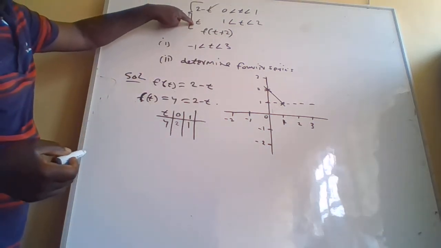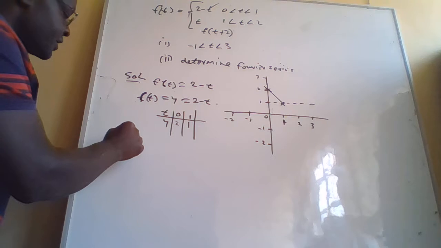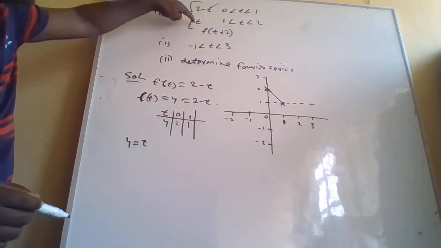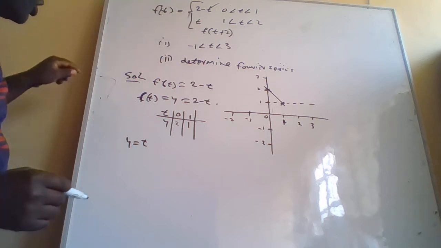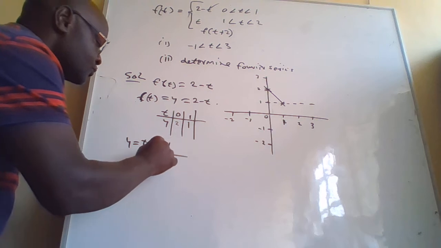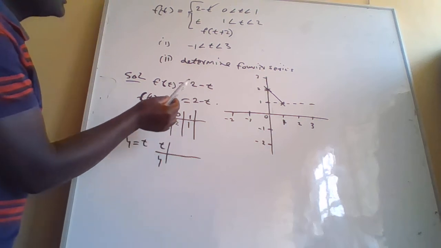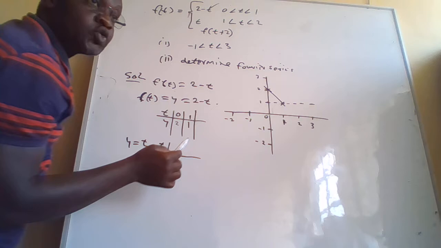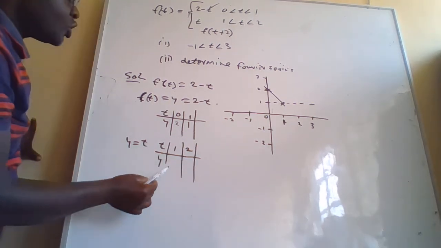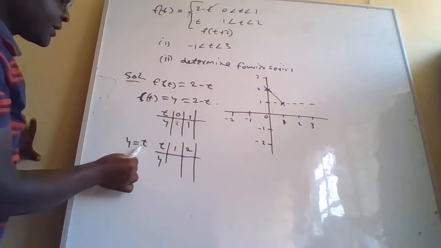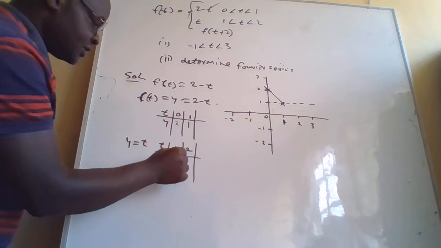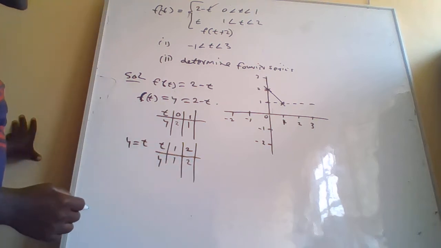And then the second interval, we have y equals t, but the second interval is from 1 to 2. So we shall say when t is 1 and 2. So when t is 1, what will be y? y will also be 1. t will be 2.